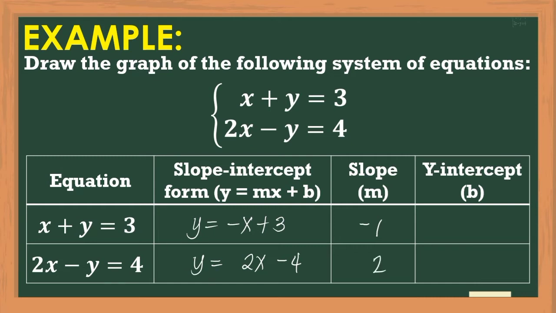The y-intercept of the first equation is 3, or (0, 3). The second equation has y-intercept negative 4, or (0, negative 4). When it is a y-intercept, remember, the 0 comes first. For an x-intercept, the 0 comes last.